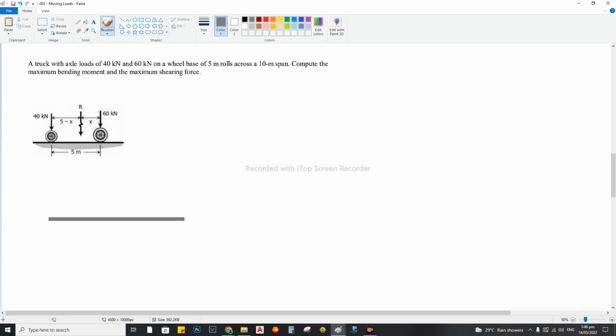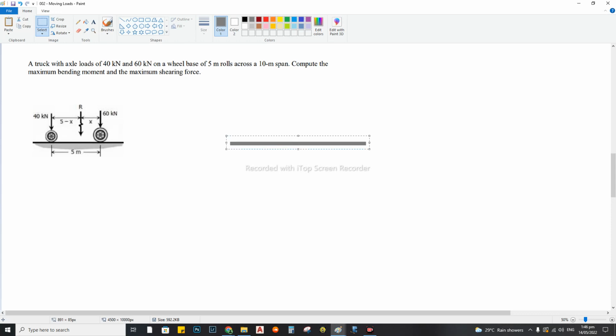Okay, thank you. So this beam has a 10 meter span and two axles, 40 kilonewton and 60 kilonewton, as the load.